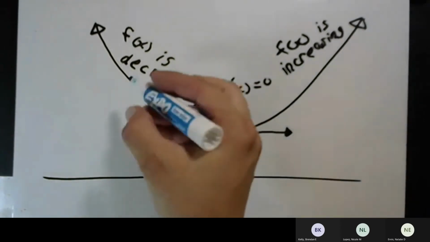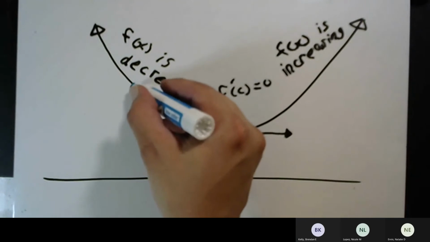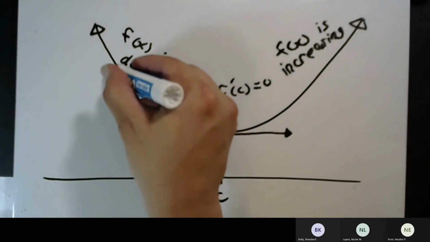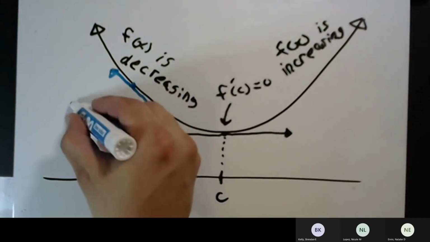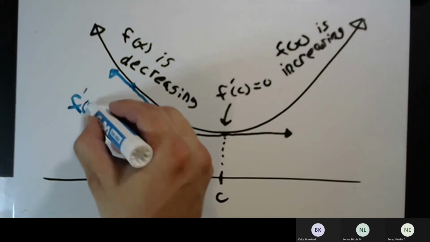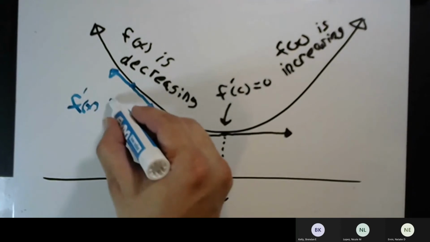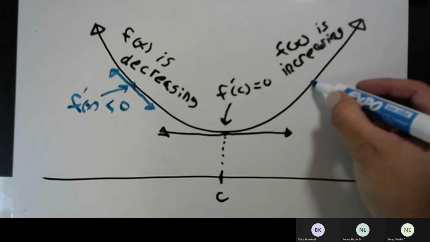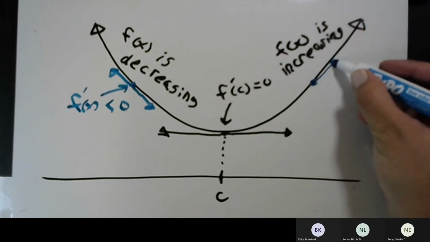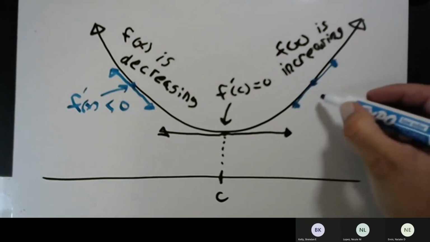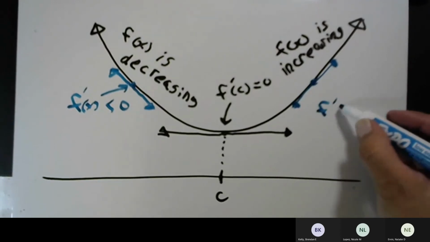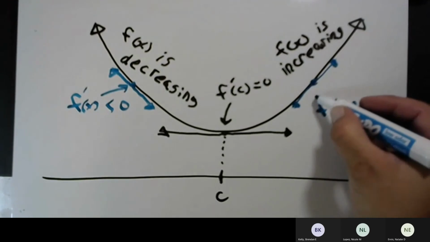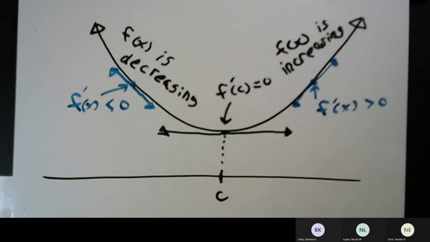And if we look at derivatives, we've got tangent lines with negative slopes. And here we have tangent lines with positive slopes.